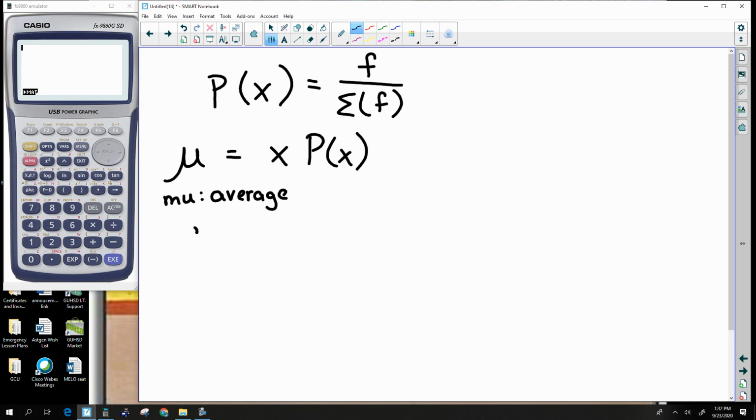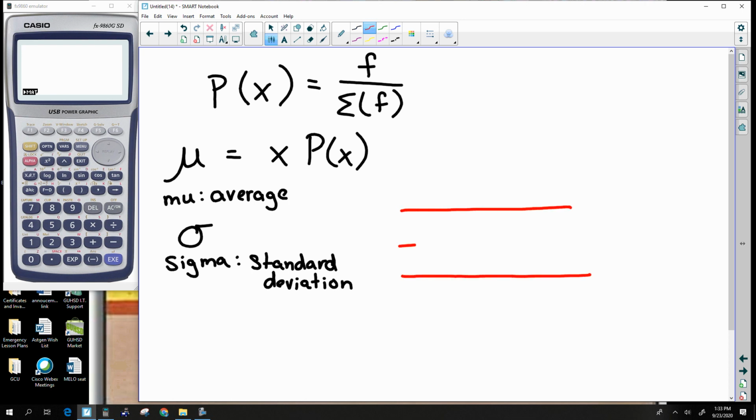Next, we have another new symbol. It's like a cursive O, and this is a lowercase sigma. This is a lowercase sigma, and this is the standard deviation. Again, handwriting lesson. Remember these from back in the day.